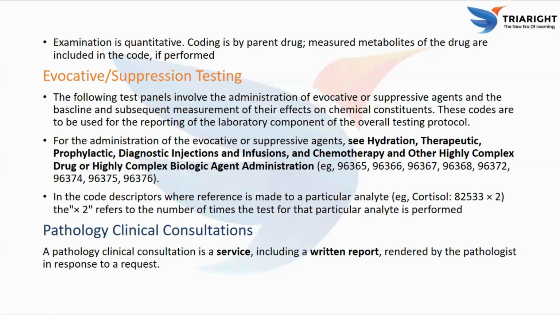The pathologist reviews the data and provides a formal written consult. This is billed as a consultation service, but not as a lab test and not as a pathologist specimen exam. It always requires a request from another provider and also a written interpretive report.